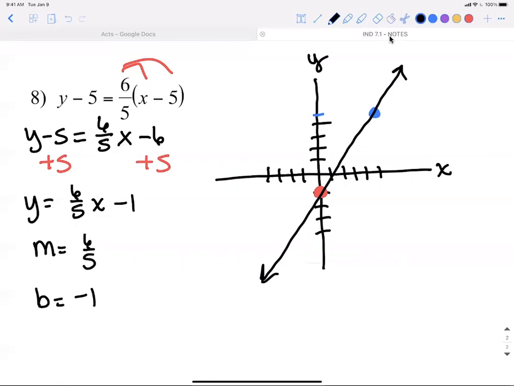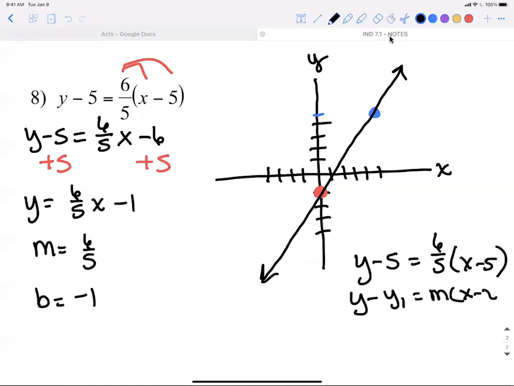The other thing I want to show you with the same equation is point slope form, right? Point slope form is y minus a given y equals m times x minus a given x. So my m is in the m spot, which is 6/5.